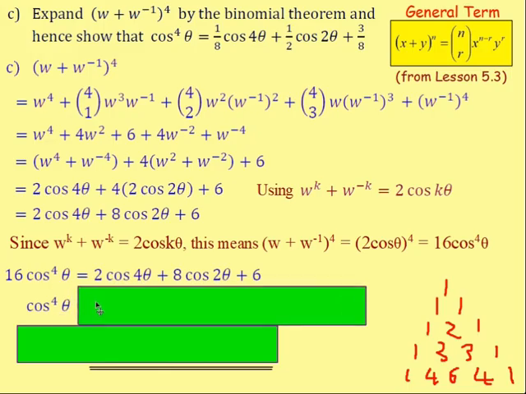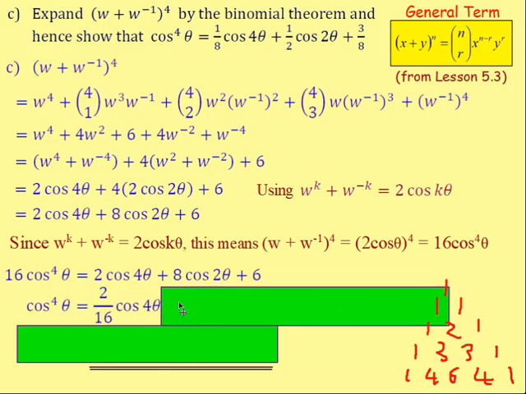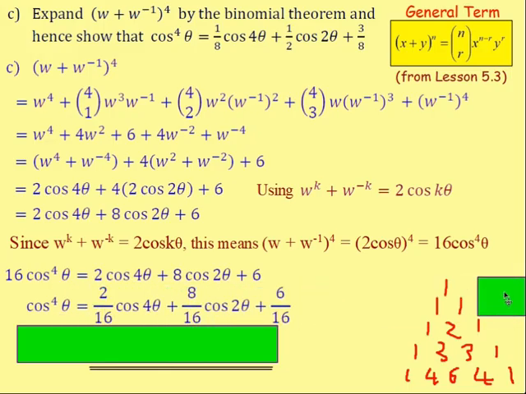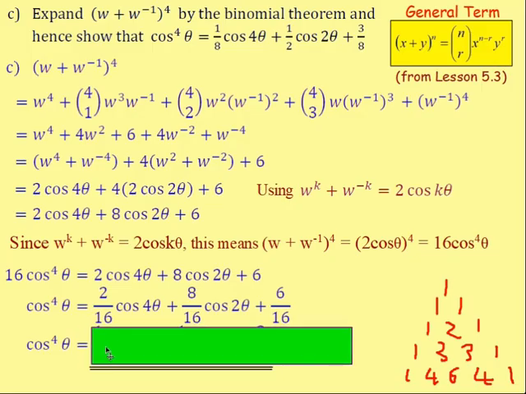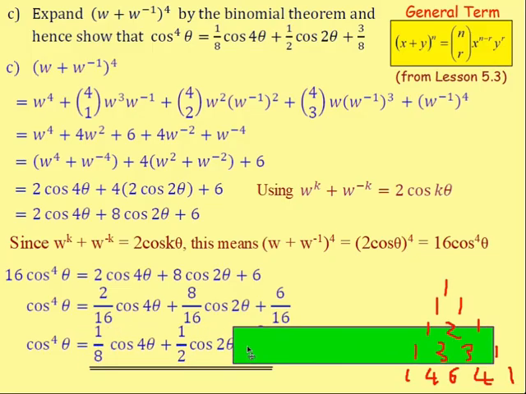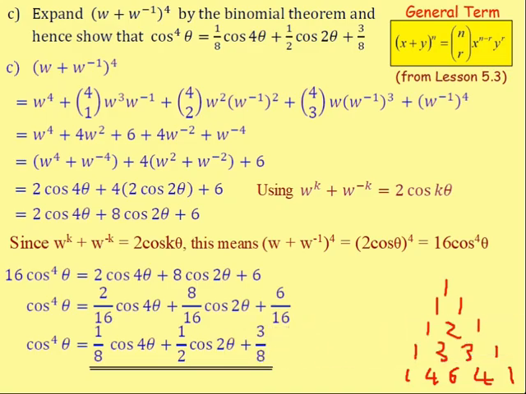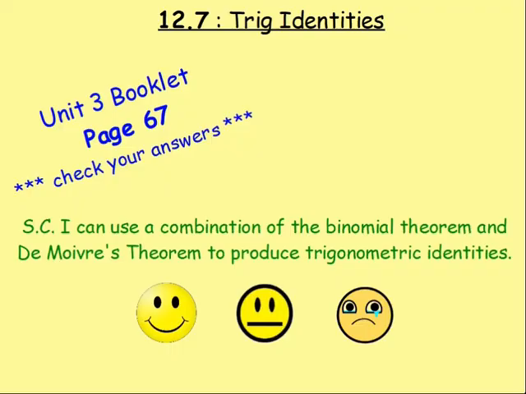Brilliant, divide everything by 16. So we'd have the 2 divided by 16, the 8 divided by 16, and that 6 divided by 16. Simplify that, and cos theta all to the power of 4 would be 1/8 cos 4 theta plus 1/2 cos 2 theta plus 3/8. And that is our answer.